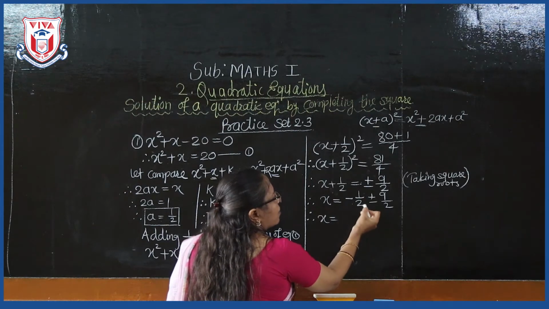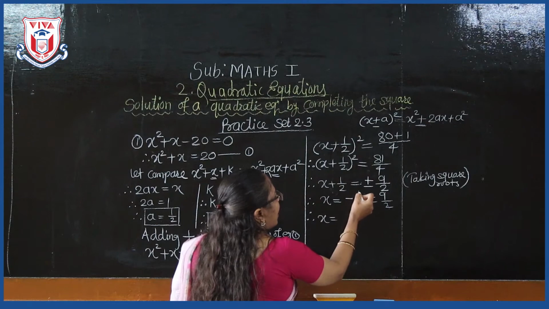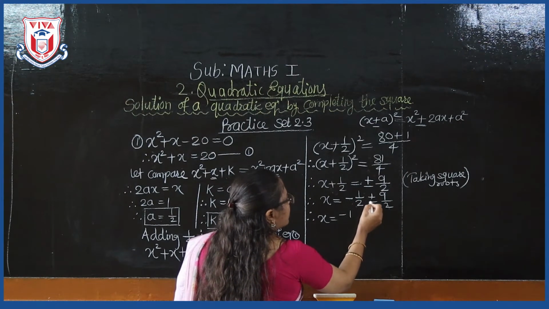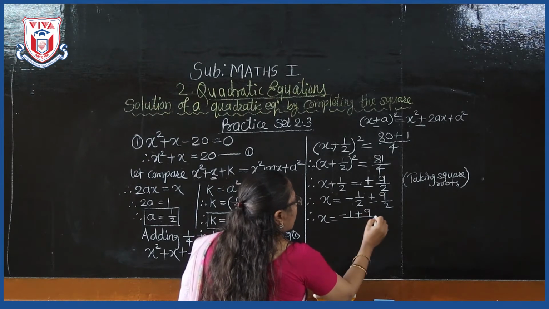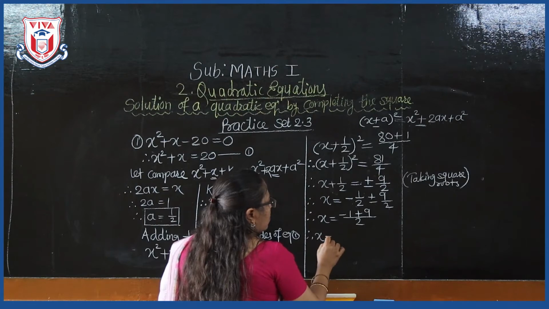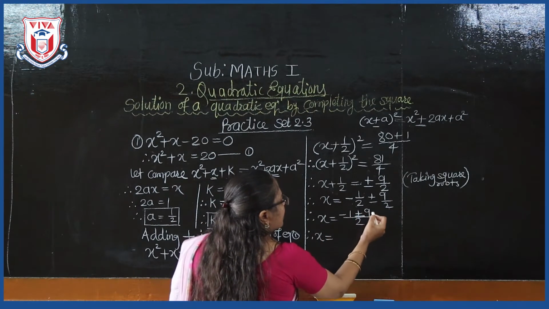Now here both the fractions have the same denominator, so we can directly add and subtract the numerators. So minus 1 plus minus 9 upon 2. So we will get two values, minus 1 plus minus 9.